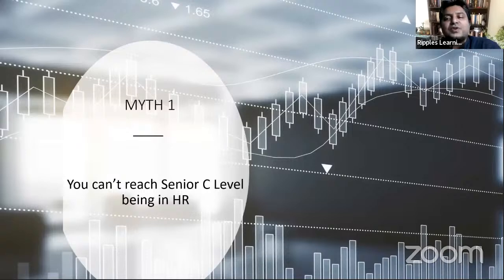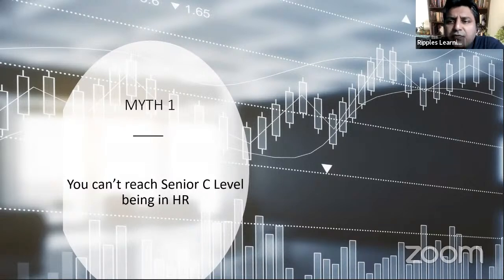It's very important for us to understand that in any modern day organization today, human asset management is a very, very important aspect of running the entire business. And that's why you have CHROs today. In fact, a lot of CHROs and CPOs, Chief People Officers, are becoming CEOs of organizations.